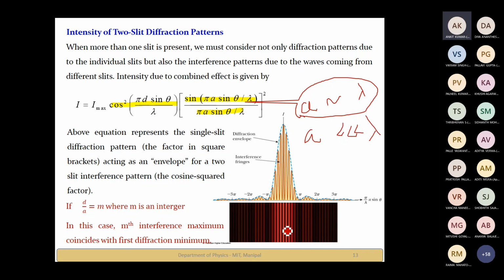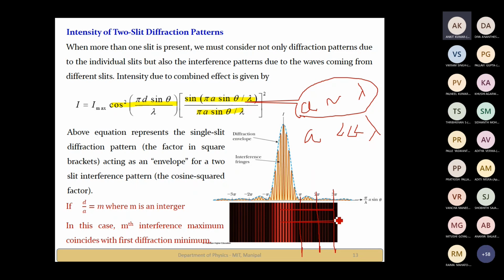From the central maxima, as you move across, the intensity starts decreasing. And not only that, at these positions, some of the interference bands will be missing. That is because of the overlapping of a diffraction minimum at an interference maximum. This condition happens only when a is comparable to the wavelength of light.